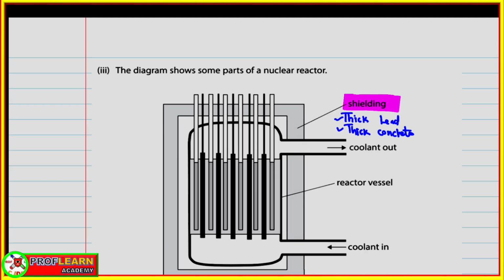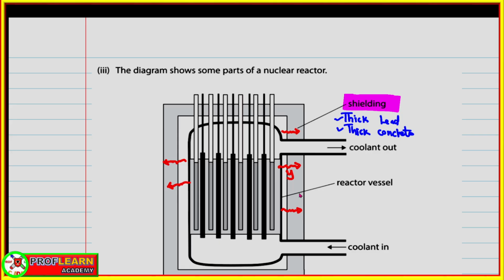So the nuclear reactor has to have this shield made of thick lead or concrete so that it can prevent the radiation from penetrating to the surroundings. Because we know these radiations are harmful, the shield prevents the radiation from getting out. In the process, the people are protected against those radiations.